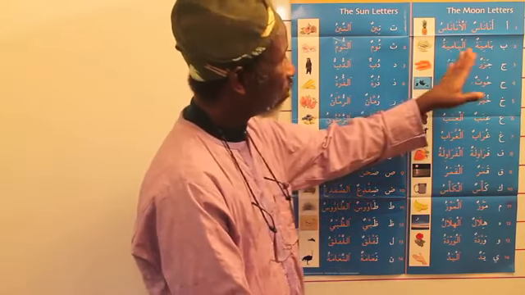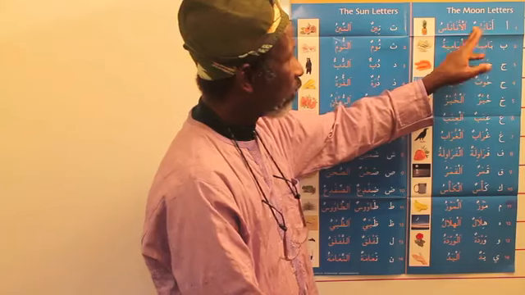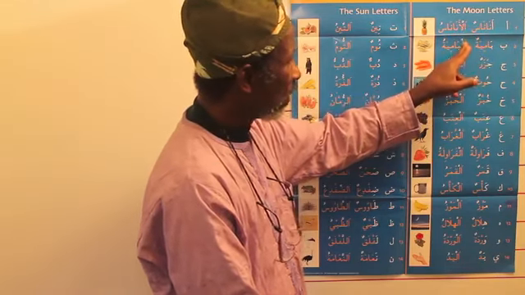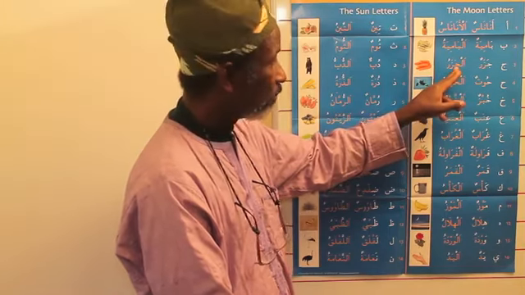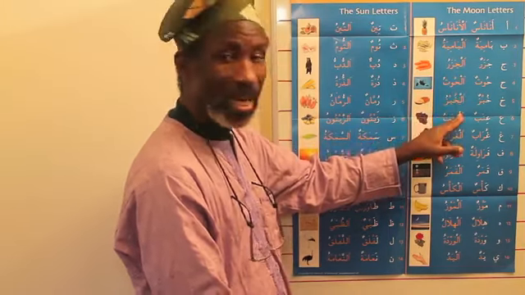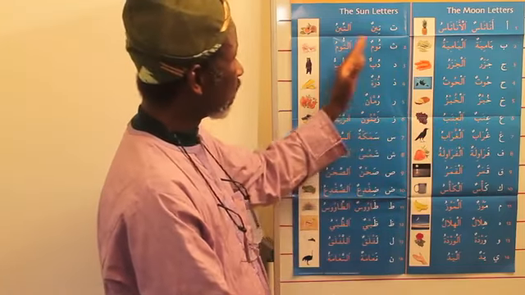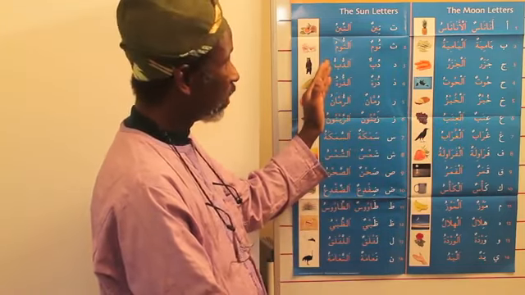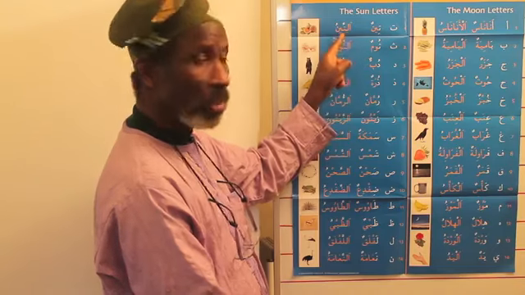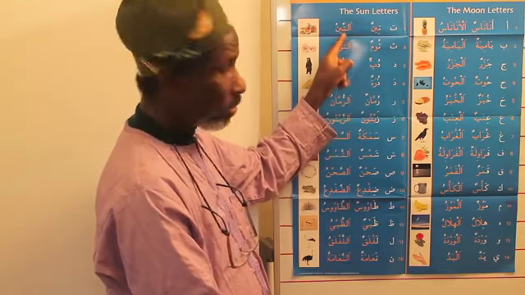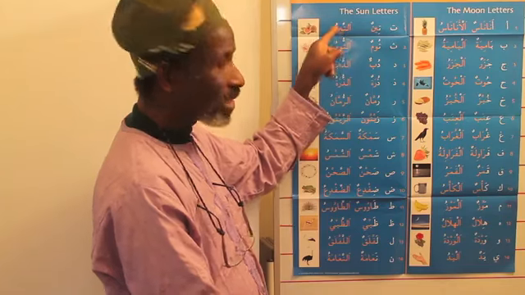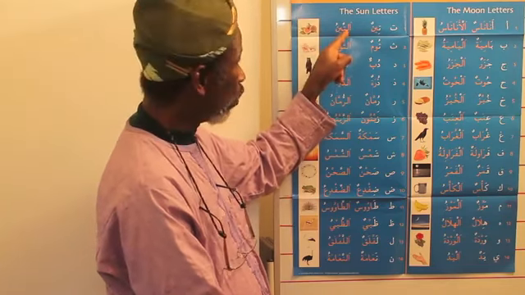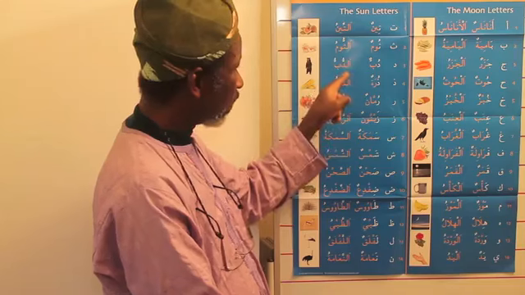Now let's compare and contrast. If we put al here, the sukun remains once it is followed by the al-qamariyah, which is your moon letters. You can see the lam still carrying the sukun. But when you go to the shamsiyah, the sun letters, when you add al, which is the article the, now the sun letter itself is carrying shadda, therefore the sukun on the lam has been removed.